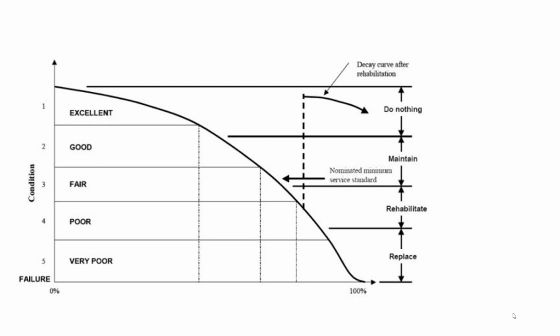But after a number of years, the routine maintenance is no longer sufficient. So now we are crossing the threshold from fair to poor, and we can see on the right-hand side that the thing that we need to do now is rehabilitate. So if it is a car, you're doing extensive replacement of key systems.